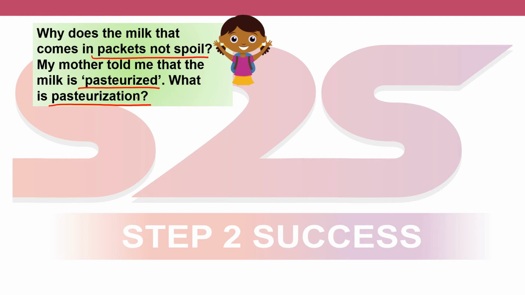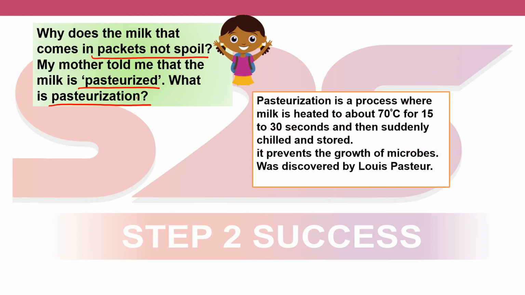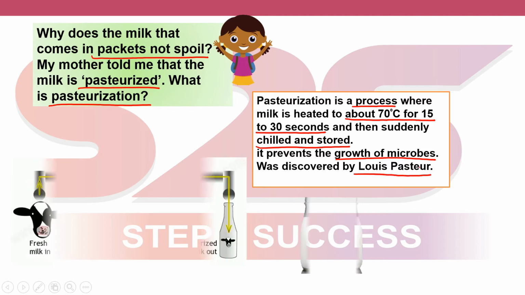The question is that if everything that comes in packets can be spoiled, then why doesn't the milk get spoiled? So pasteurization is a process where milk is heated to about 70 degrees Celsius for 15 to 30 seconds and then suddenly chilled and stored. It prevents the growth of microbes. This was discovered by Louis Pasteur.